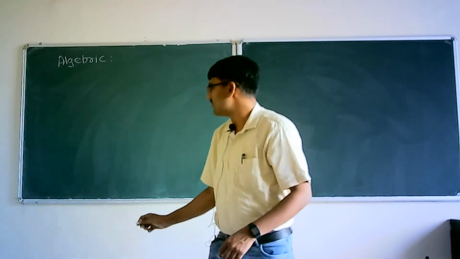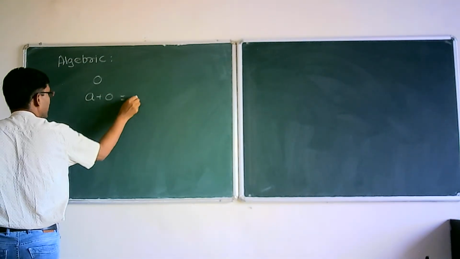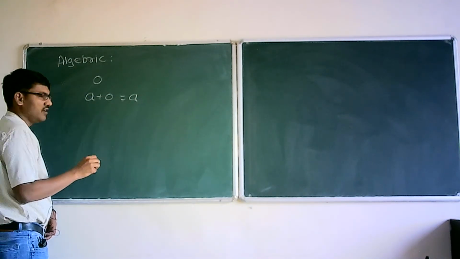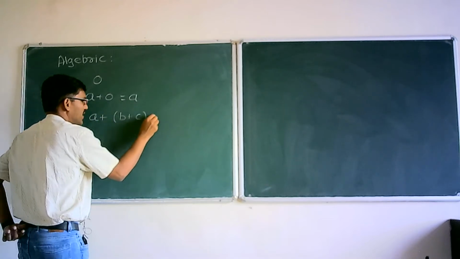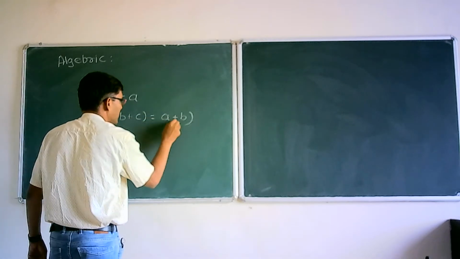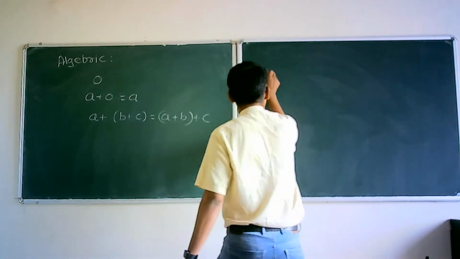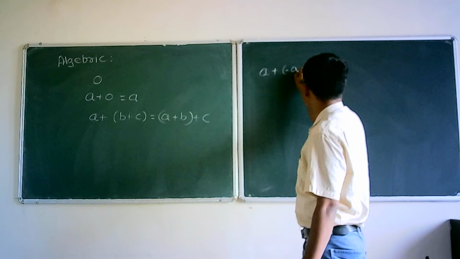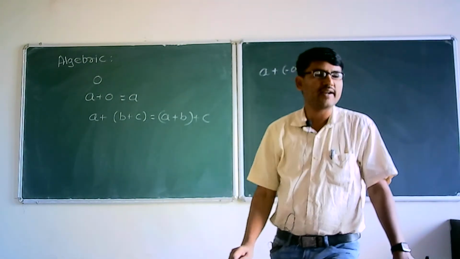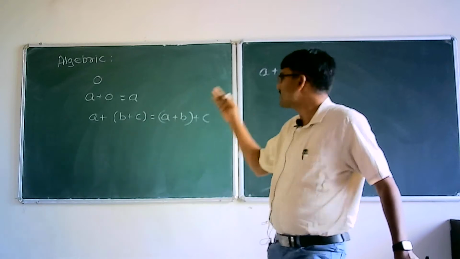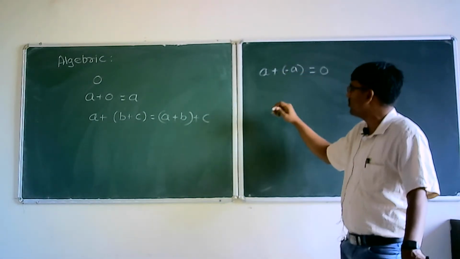Again, there exists a number 0 such that a plus 0 is equal to a. Then addition is also associative: a plus b plus c is the same regardless of grouping. Also you can find an inverse. If a belongs to the reals, then a plus minus a is equal to 0. For example, what is the inverse of 2 under addition? Minus 2. There exists minus a such that a plus minus a equals 0.